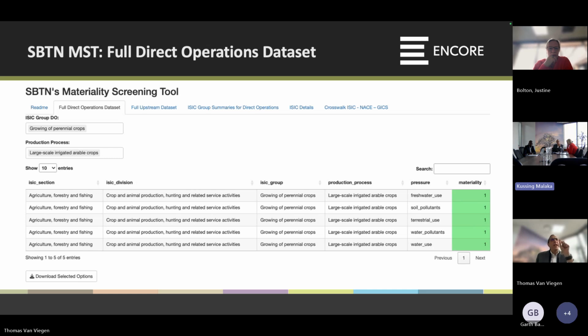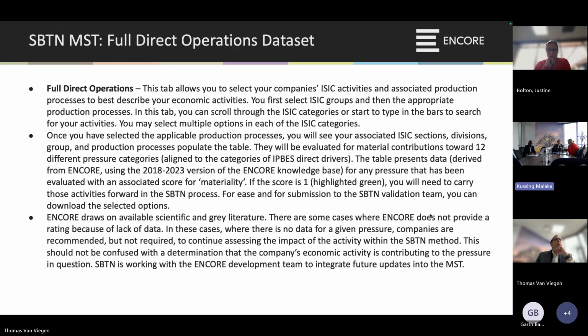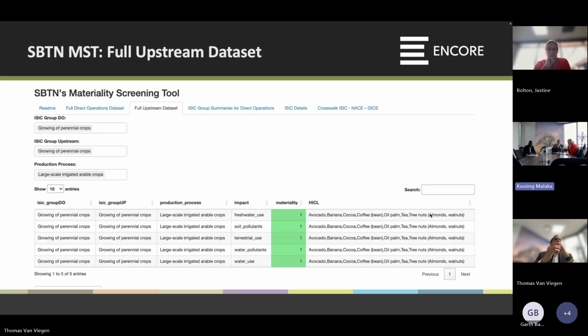So you'll see that this is really very much pressure-based. And if those were all zeros, it would not have been material to that activity. So really pressure-based, or what we originally referred to in the first phase of ENCORE as impacts, which we'll describe a bit later. I'm not going to go into this in any detail. This is just the technical summary of the content and rationale behind that data set.